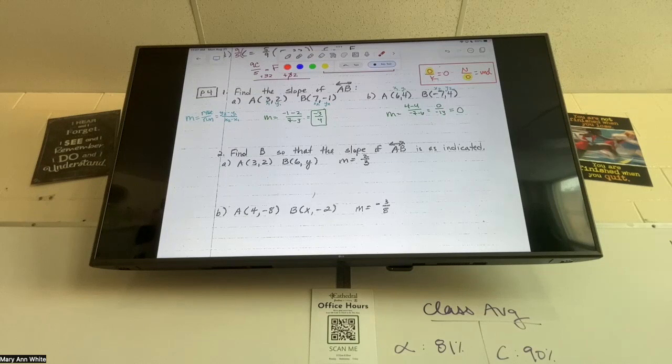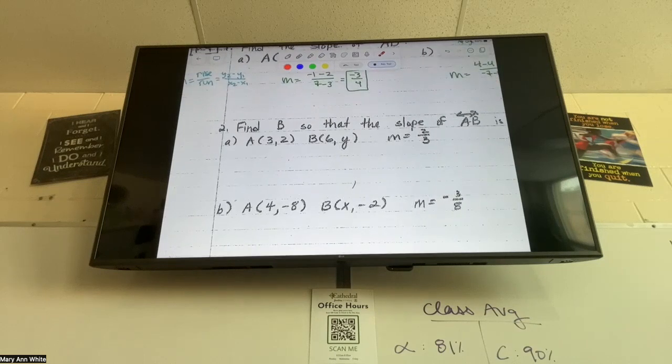Okay, now we're going to still continue using slope. It says find point B so that the slope of line AB is as indicated. So instead of us having 2 points and finding the slope between them, we're missing part of one of the points, but we do have our slope. So that's how we're going to find that missing part. We're going to use our slope equation.